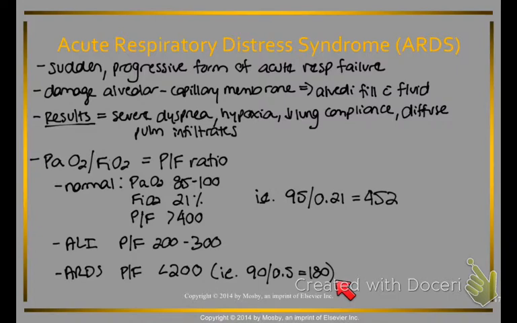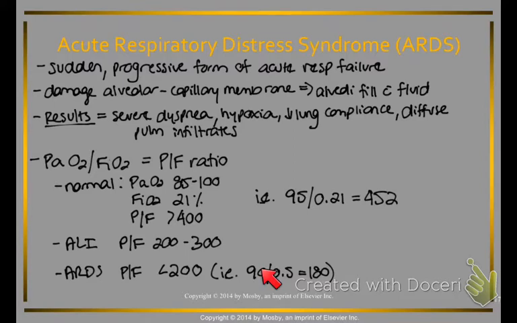This is where that refractory hypoxemia that we talk about with ARDS comes in. No matter how much oxygen we throw at them, their PaO2 is not able to keep up. So you'll have patients with FiO2s of 70% and they're satting 85.